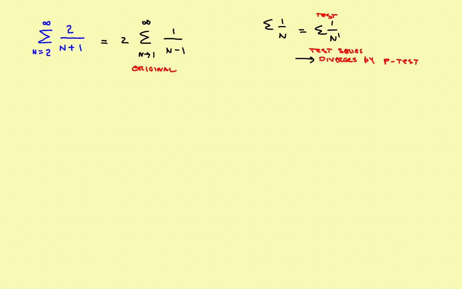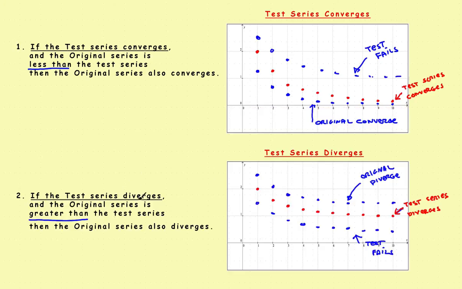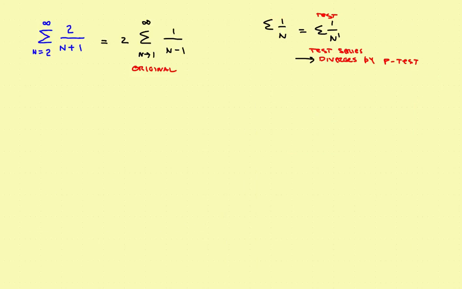Now again, where that puts you in the problem, back to this again, you've got this situation right here, case 2. The test series diverges, and so the best you can hope for is that your original series will be greater than the test series, and you can conclude that it diverges. So back to the problem.